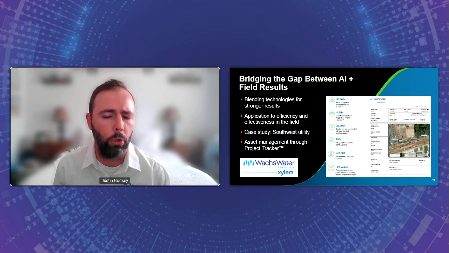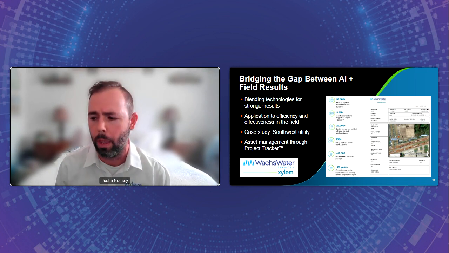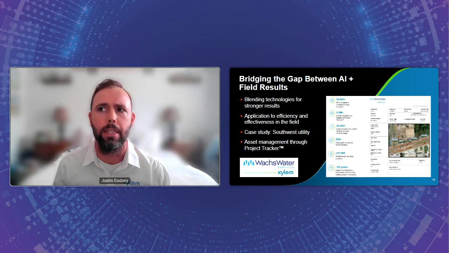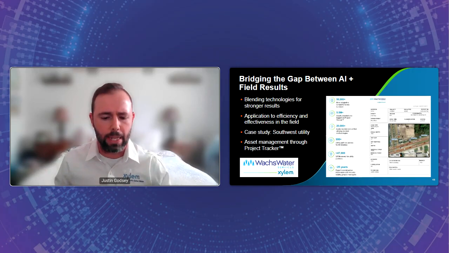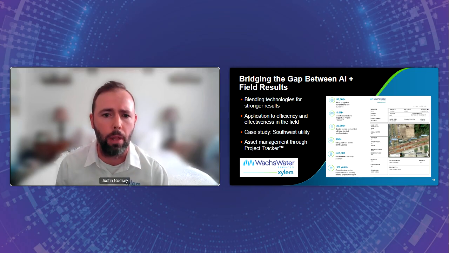The last bullet point here talks about asset management through Project Tracker. I can't stress enough the importance of a successful asset management program. With WOX and with Xylem, we have what's called Project Tracker. It is a living, breathing asset management tool. Through Project Tracker, WOX Water has comprehensively surveyed more than 50,000 miles of pipeline.